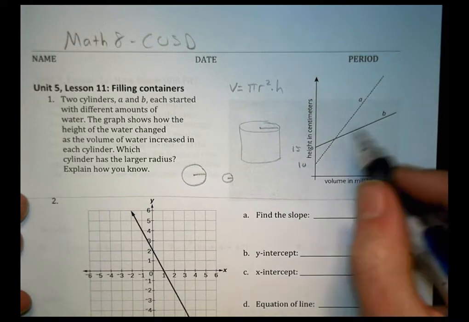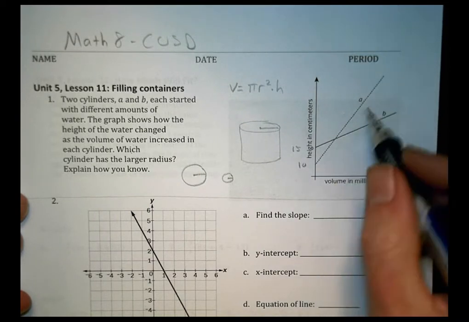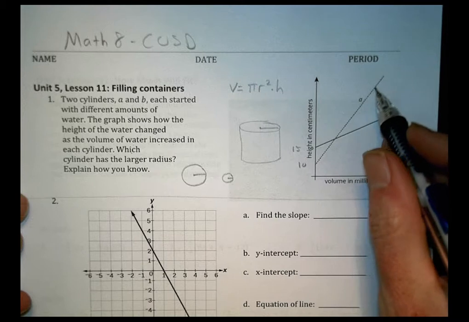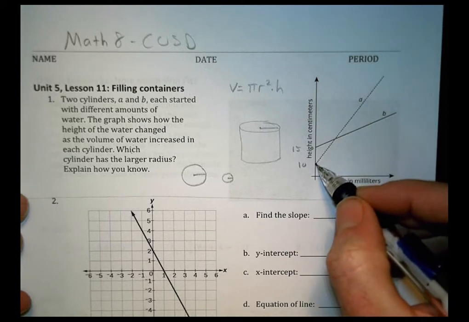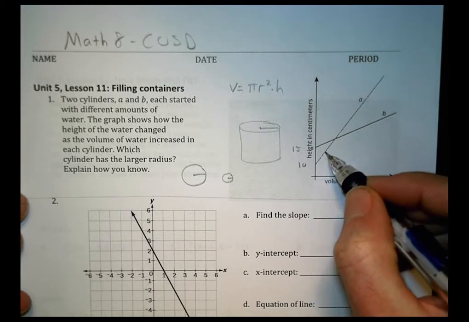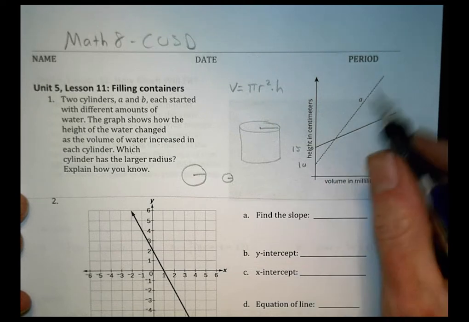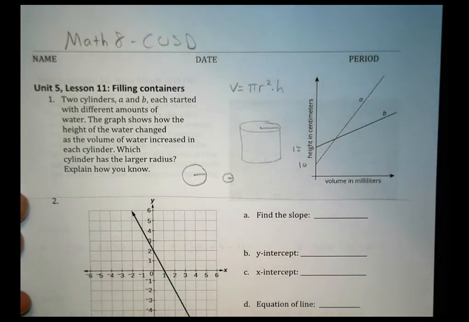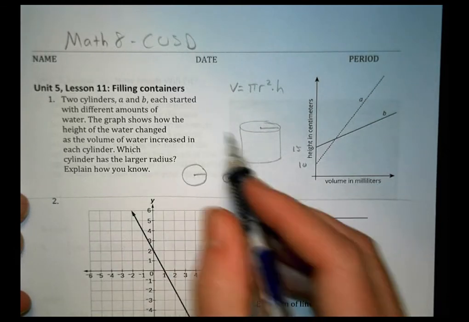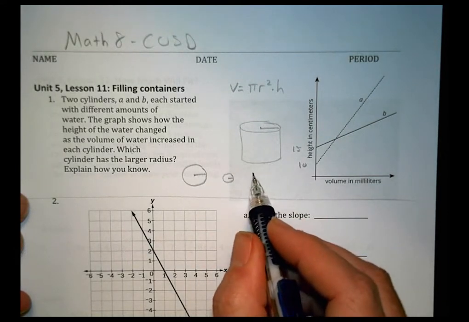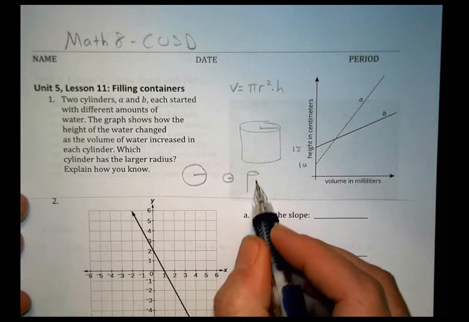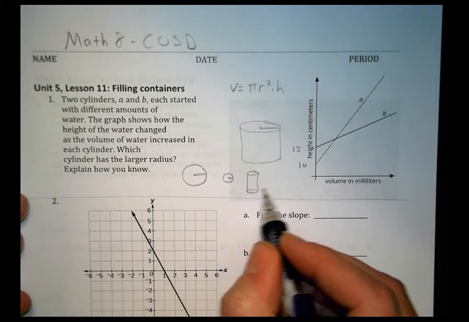And we can see the volume is increasing for each of them. Although for A, it starts off a little less, but the volume has a greater increase as the height increases. We can see that there. And so you can kind of imagine you have a tall, skinny cylinder like this, right?